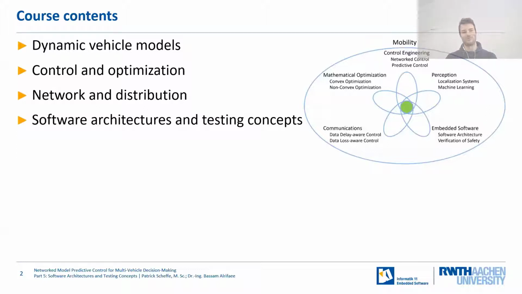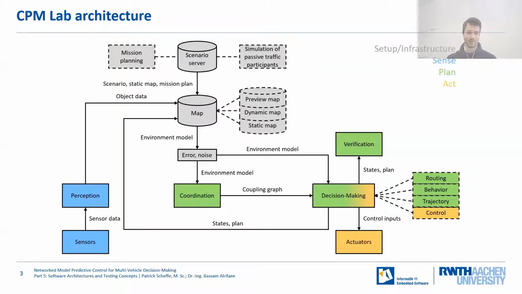So this course is about networked decision making, and this talk is trying to answer the question of how to evaluate networked decision making and networked algorithms. And we create this architecture to structure the elements in an evaluation framework.